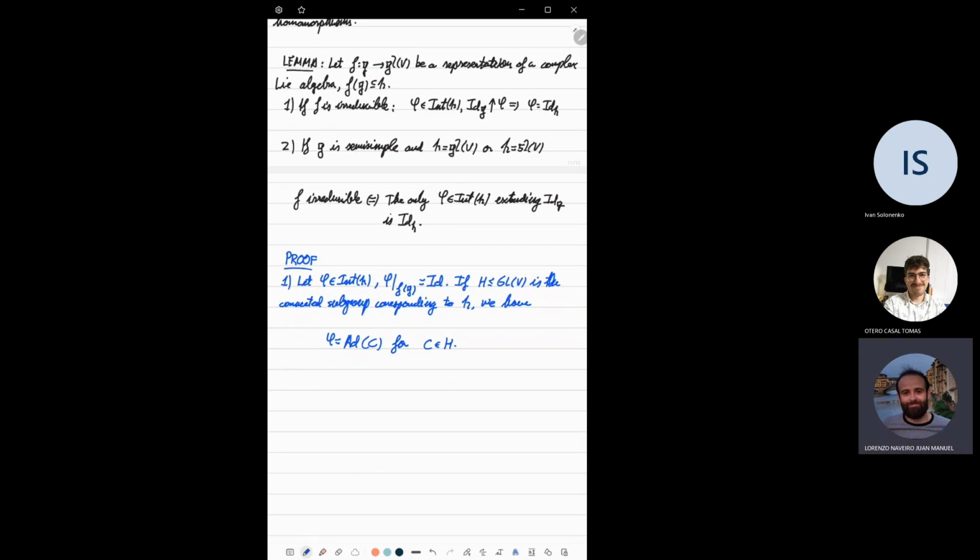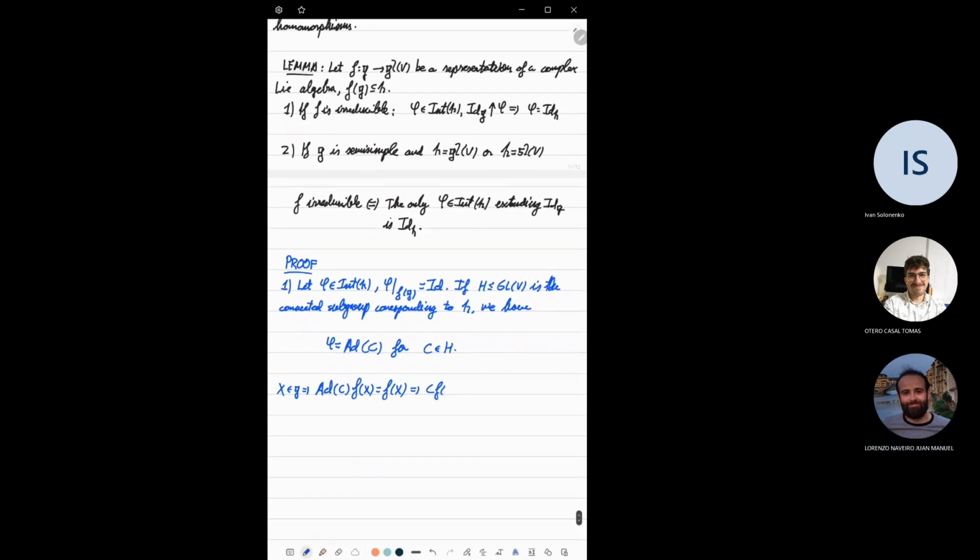But this is a consequence of Schur's lemma, because note that for any element x of G, we have that Ad C of f of x is equal to f of x. And this means that C f(x) C^-1 is equal to f(x), or equivalently, that C commutes with f(x).